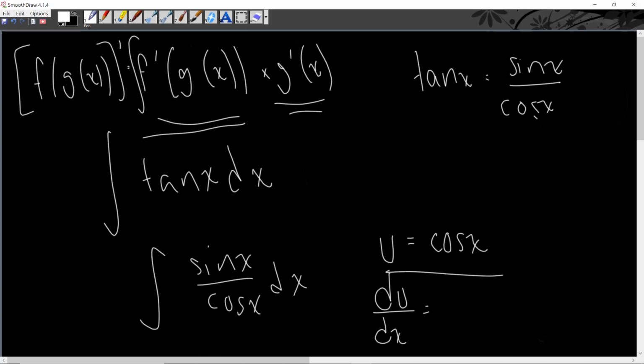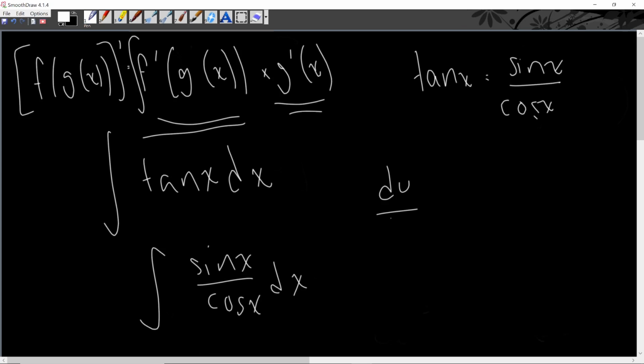We get du dx is equal to negative sine x, based on our knowledge of derivatives.